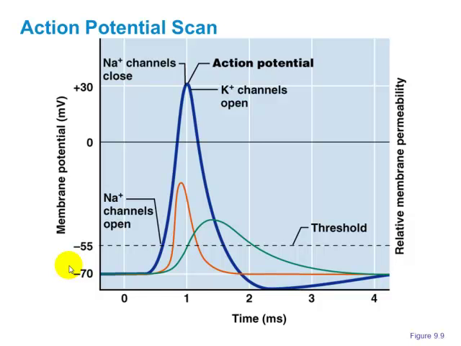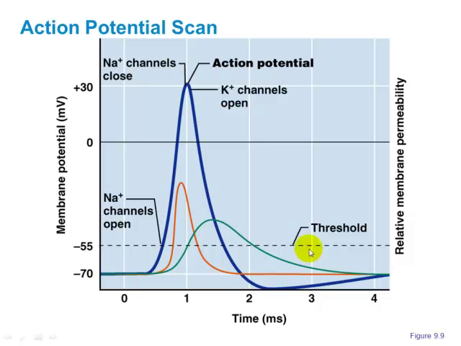Now the way an action potential is going to occur, that first depolarization, in the case of a muscle cell, when we have acetylcholine binding to ligand-gated channels, we have that localized depolarization, that's going to lead to some small amount of depolarization. If there is enough of that small localized depolarization, it may hit something called threshold.